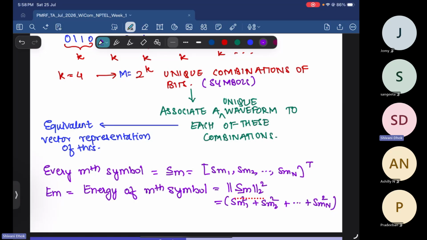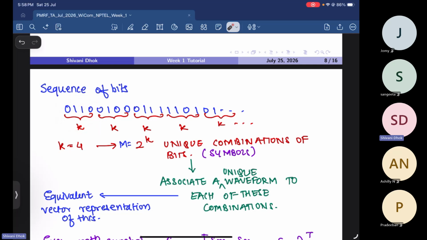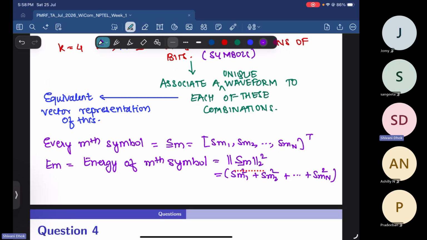And it might happen that these sequences don't occur with equal probability. For example, this particular sequence might occur too frequently compared to this particular sequence. So there is a probability with which a particular symbol might get generated. So let's say Pr of m, the probability of the mth symbol. Now what are we interested in?